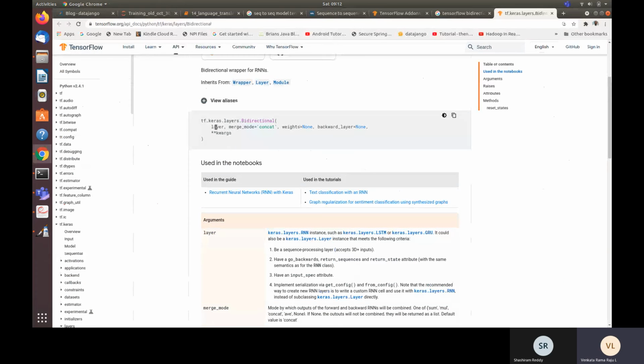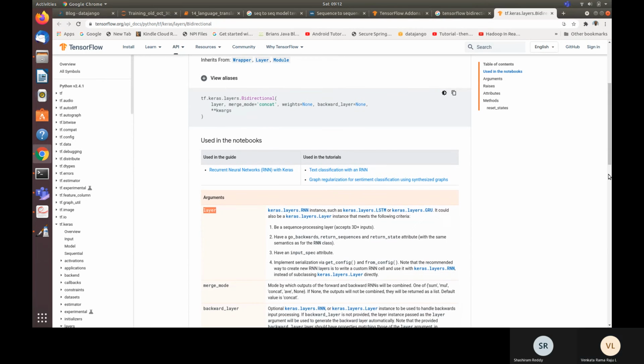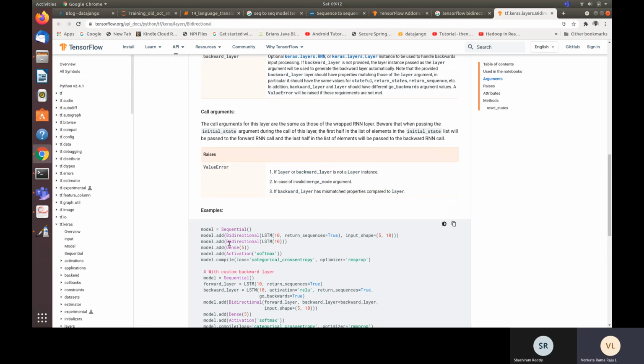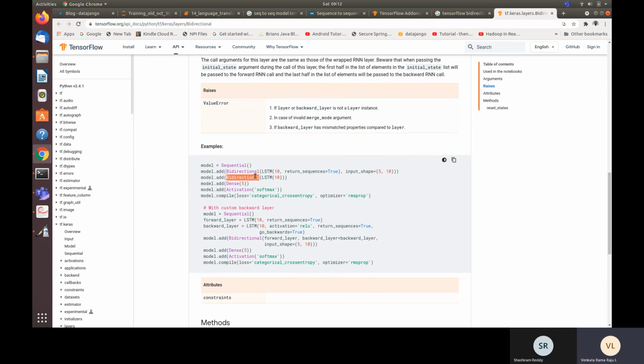Then you specify the layers, and it will automatically create the structure. See this? Add LSTM and LSTM. So in the forward direction and backward direction, you have 2 layers.